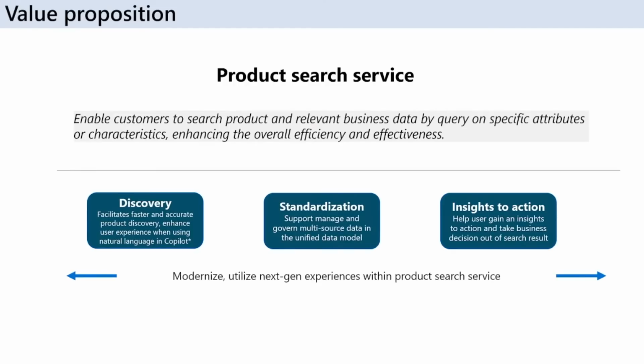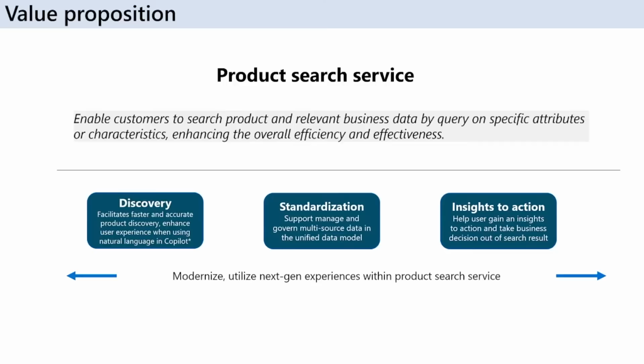We have three value propositions for our product search service. The first is to facilitate swift and precise product discovery through attribute-based searches. It will ensure our customers can quickly find the product they are looking for and elevate the user experience by supporting natural language queries and making the search process more intuitive and user-friendly.